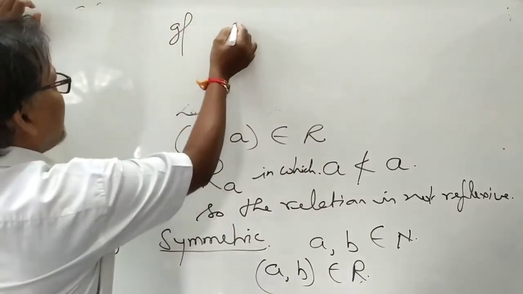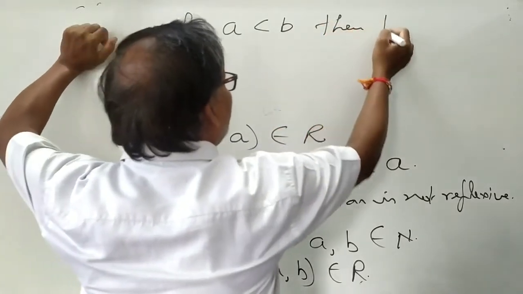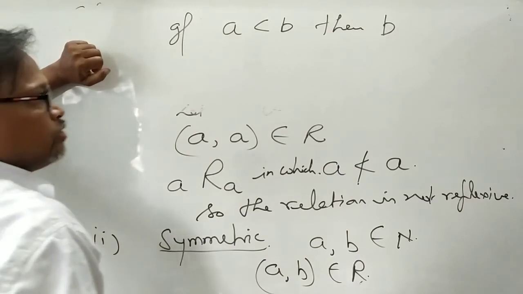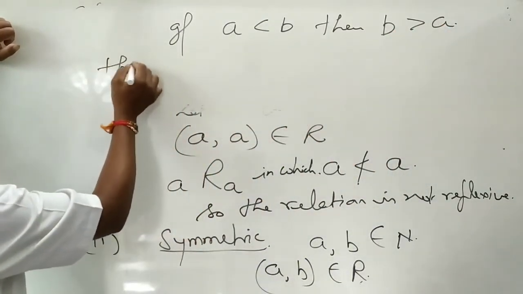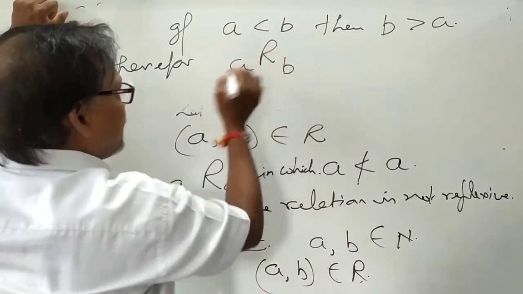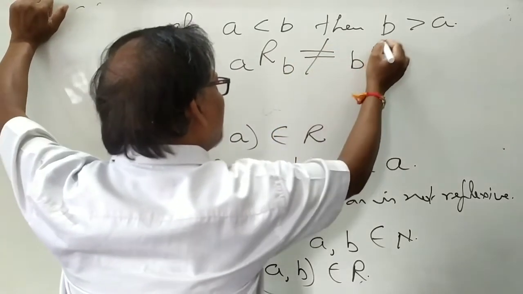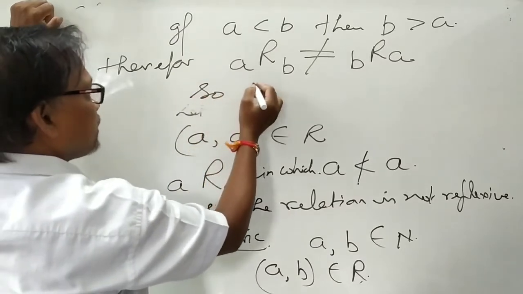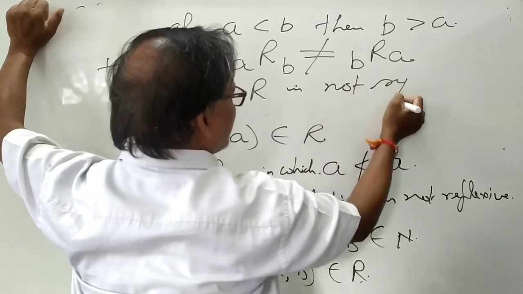If a is less than b, then what do you say about b is less than a? No. b is greater than a. Therefore, you will write (a, b) is not equal to (b, a). So, R is not symmetric.